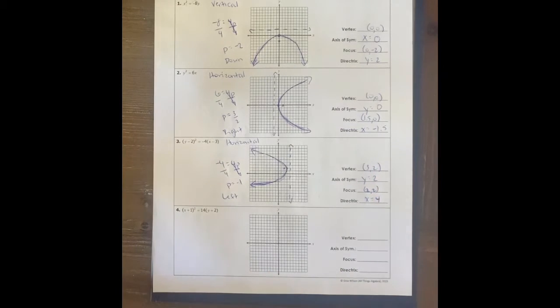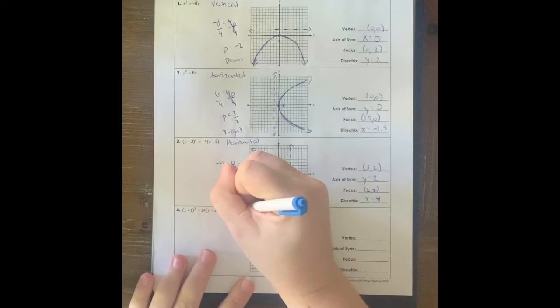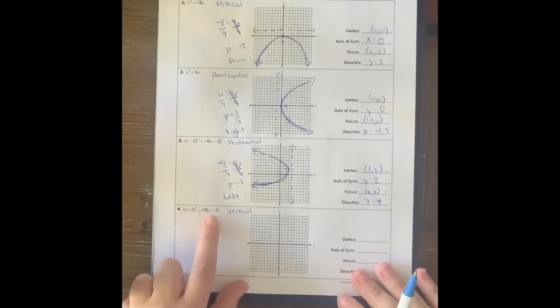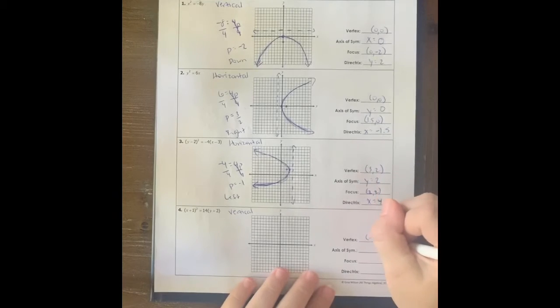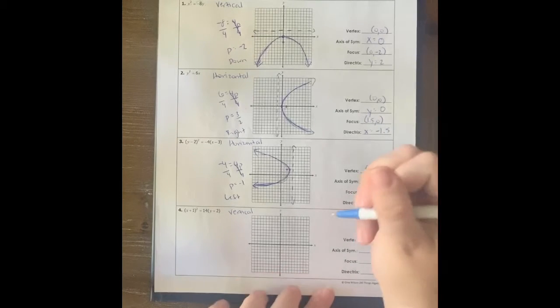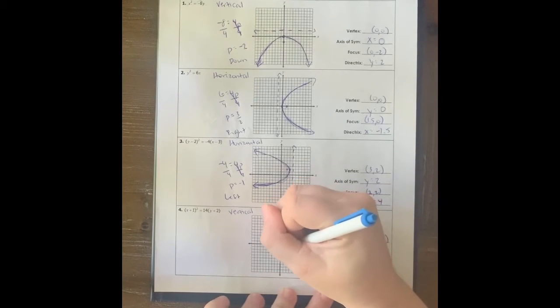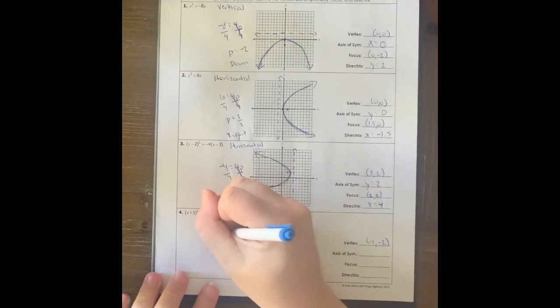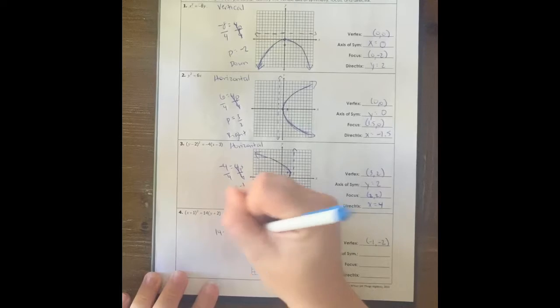Okay. All right, the next one, x comes first, so it's going to be vertical. Our vertex is going to be (-1, -2). We take 14, set it equal to 4p and solve.